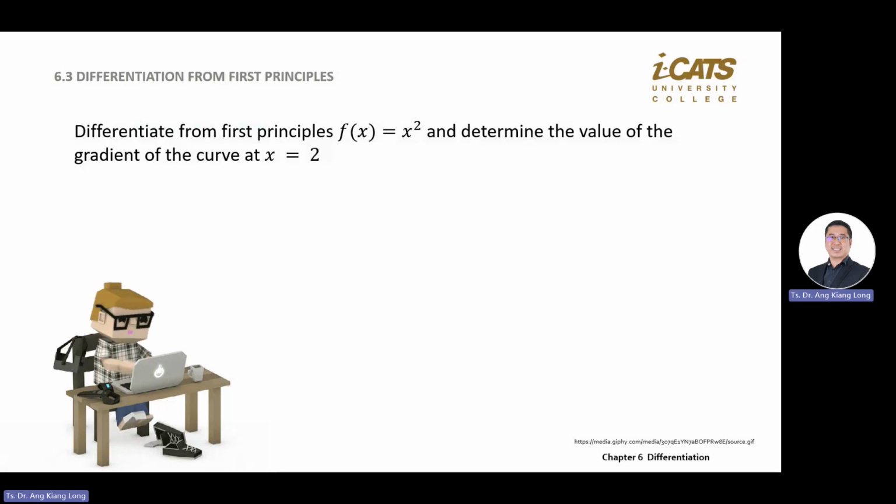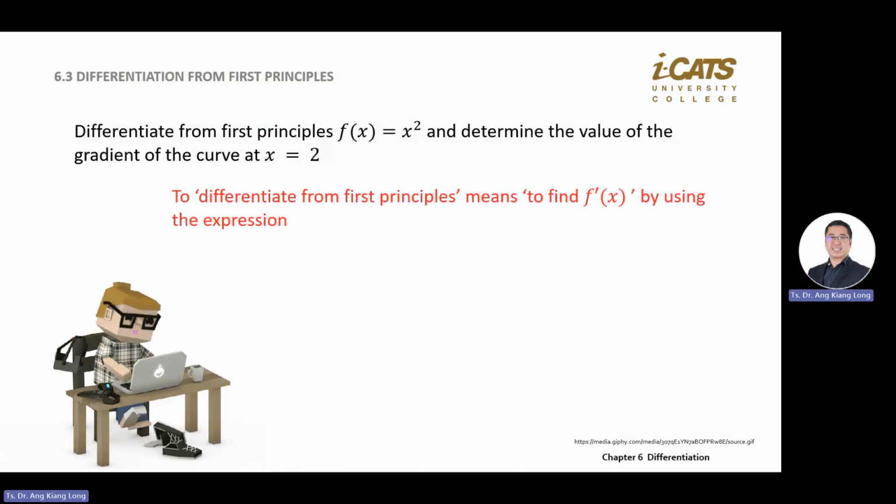Differentiate from first principles means you differentiate one time, dy dx. Determine the value of gradient when your x equals to. So first principles again means to find f comma. You only have one comma or dy dx.